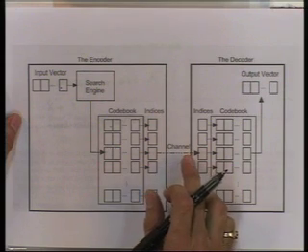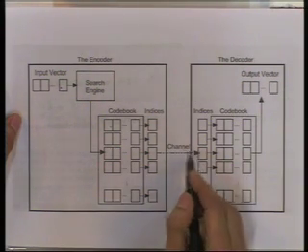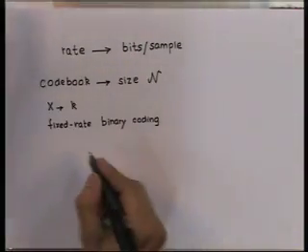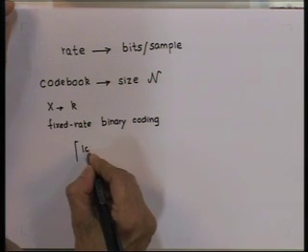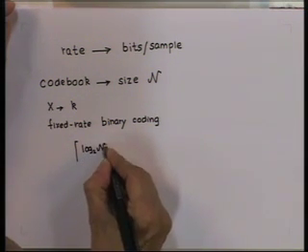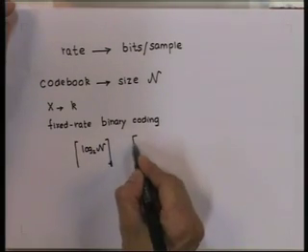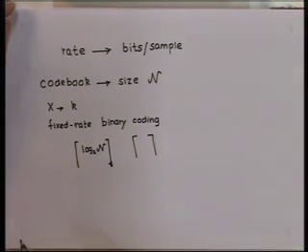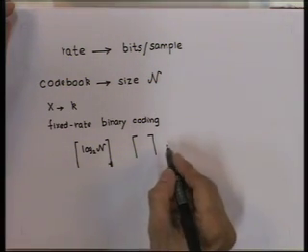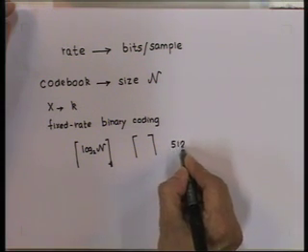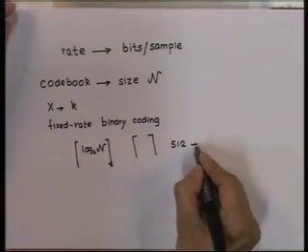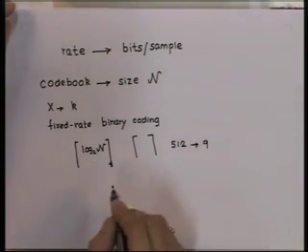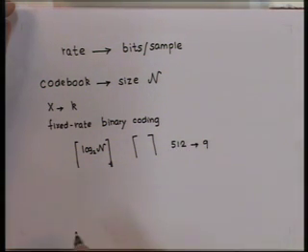Now, in order to inform the decoder of which code word was selected, we need to use ⌈log₂ n⌉ bits. The symbol ⌈ ⌉ denotes rounding off to the next largest integer. So, for example, if the code book contains 512 code words, we need 9 bits to specify which of the 512 code words had been selected at the encoder.